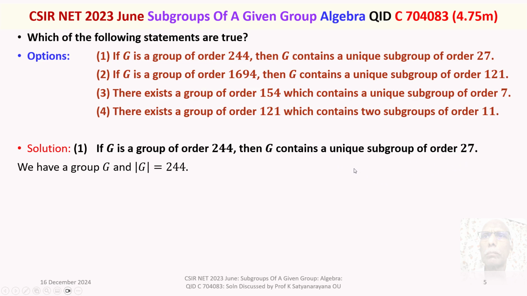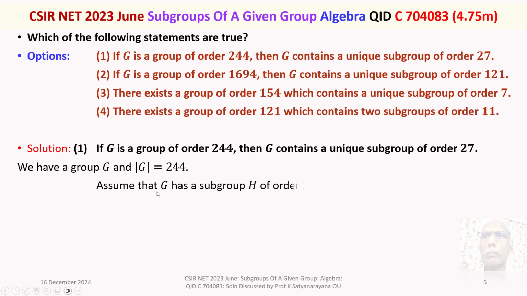To have a subgroup of order 27, by Lagrange's theorem, this 27, the order of the subgroup, must divide the order of the finite group. So that means 27 must divide 244. Is it so? No. 27 does not divide 244. Therefore, G has no subgroup of order 27. There is no question of uniqueness.